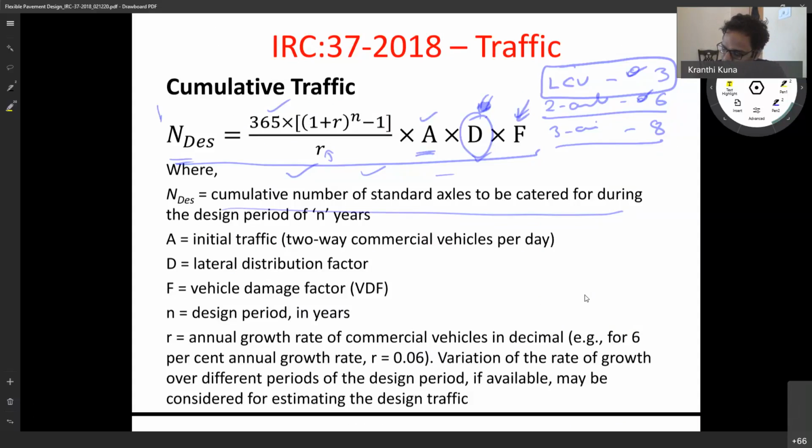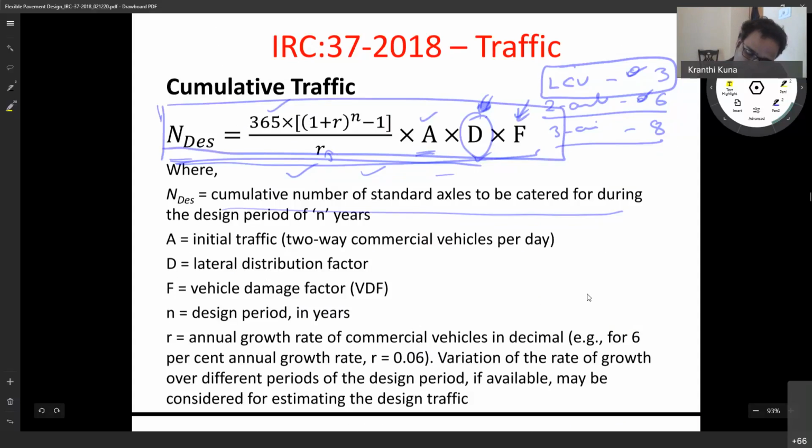But if it is a bigger project, we have to do this for each vehicle group. We discussed different vehicles: 2 axles, 3 axles, LCVs, low commercial vehicles, buses. For each category we apply this formula and sum up all those vehicles to get the design life in terms of standard axles.